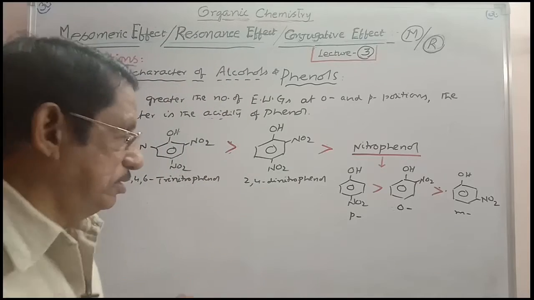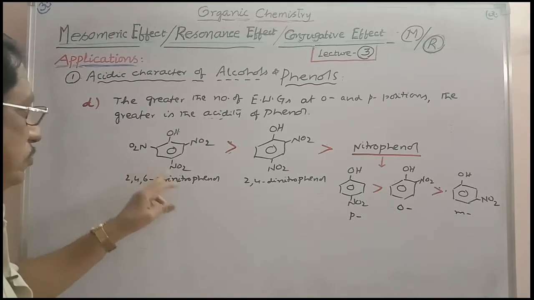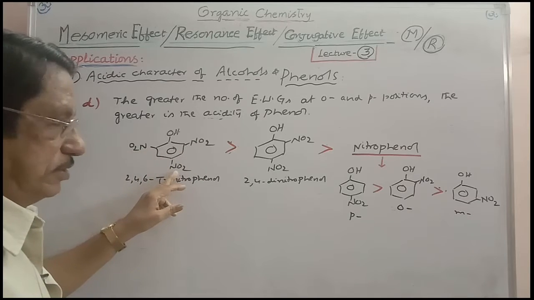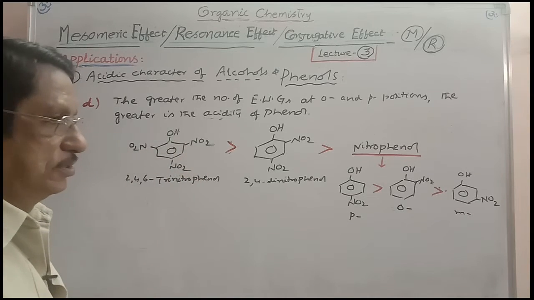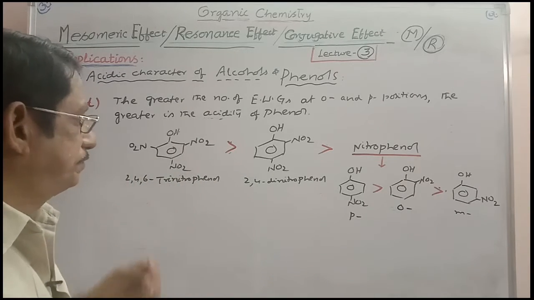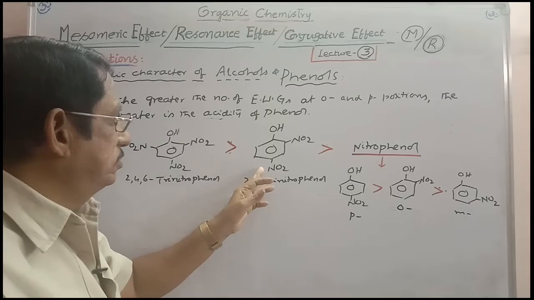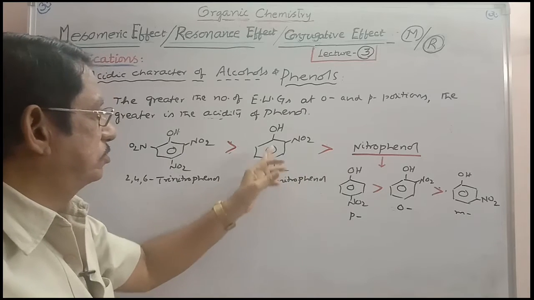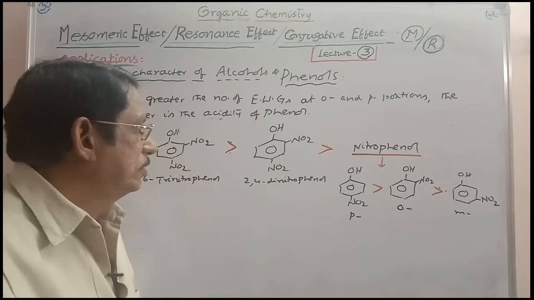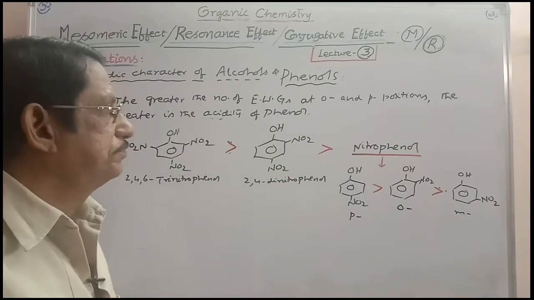Thus we can observe here 2,4,6 trinitrophenol, 2 groups at ortho positions and 1 group at the para position. Ortho, para, ortho positions are completely filled here, a trisubstituted phenol. And this is 2,4 dinitrophenol, one ortho position and the para position are filled here. 2 electron withdrawing groups are there.